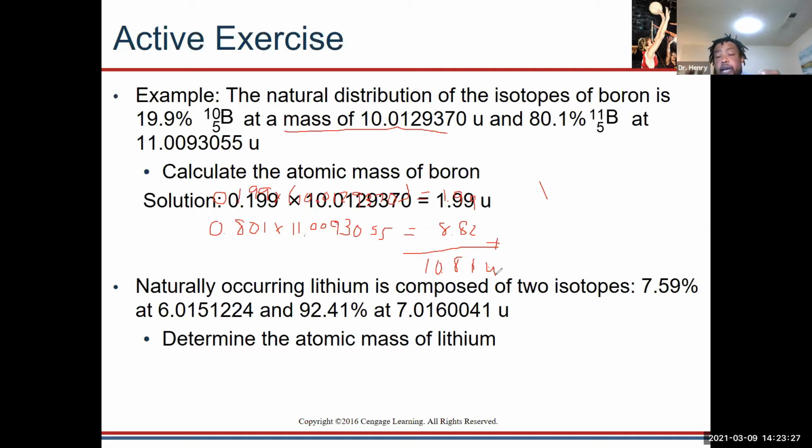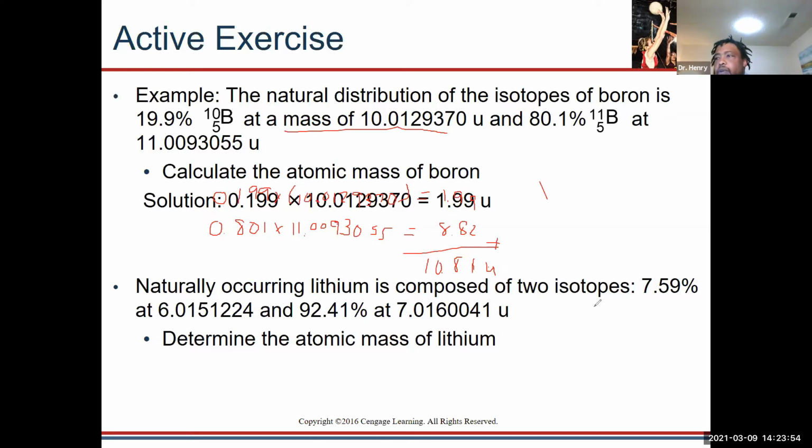What you're going to see is the natural distribution of the isotopes. In real life, each of those isotopes exists. You have the 10 and you have the 11, but 10 is roughly 20% of the total and 11 is 80% of the total.